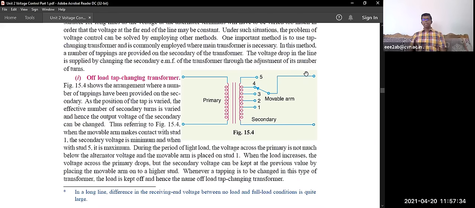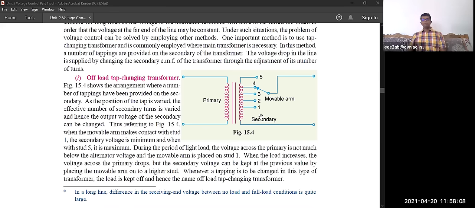Then manually they will change this movable arm. Again, they will close this feeder. There will be a feeder here on the secondary side. That feeder will be opened, and then they will move this movable arm.